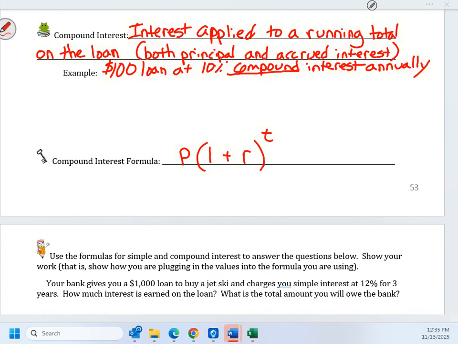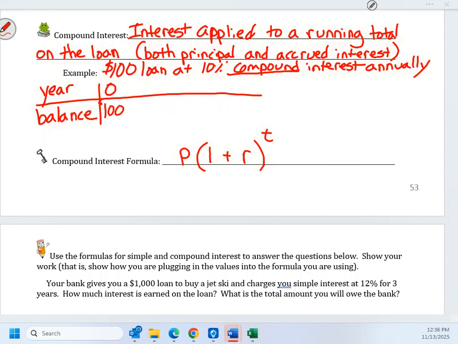So we had our year, and we have the balance. When we take it out, it was that $100. So we're starting off the same. At 1 year, what do we get? So we're going to do that $100 times 1 plus the rate of 0.10 to the first power, because it's the first year.